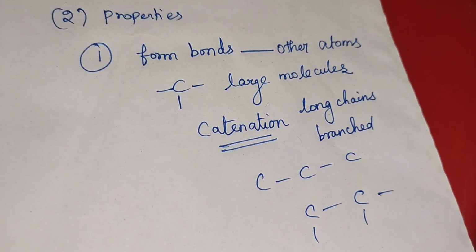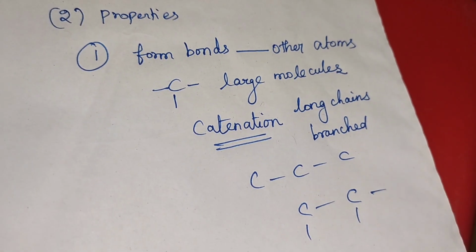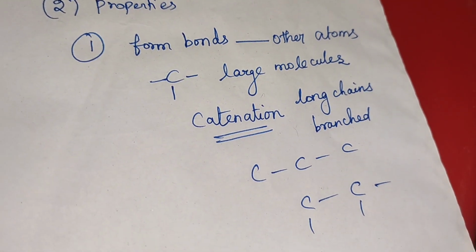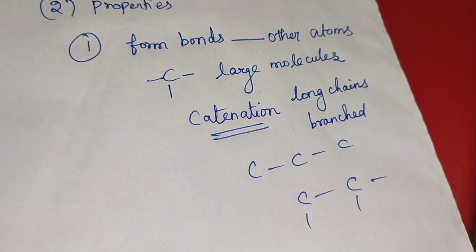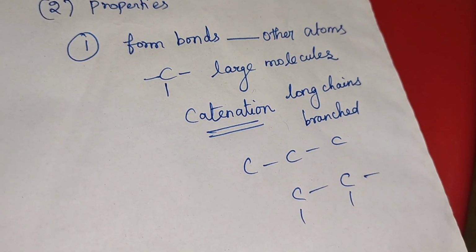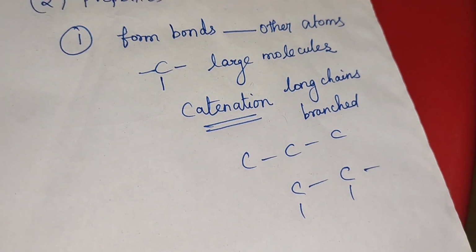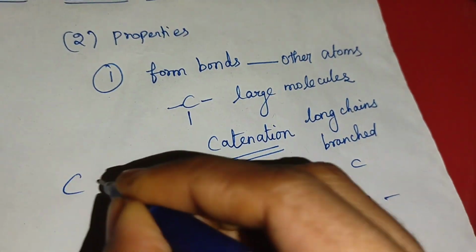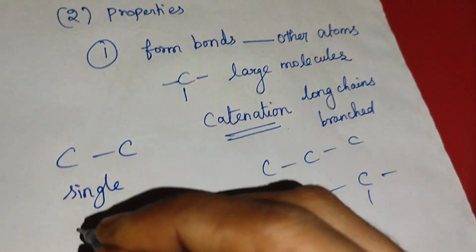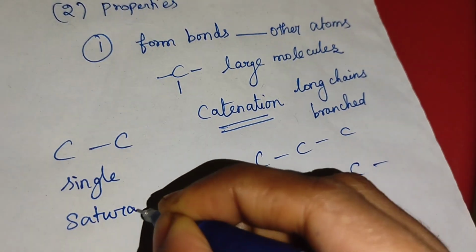So compounds of carbon have bonds. In the previous video we saw about single bond and double bond. So here, if carbon contains a single bond, that is known as a saturated compound.